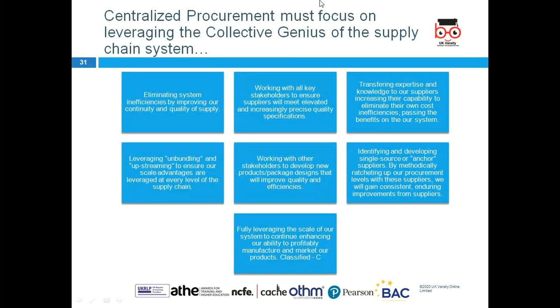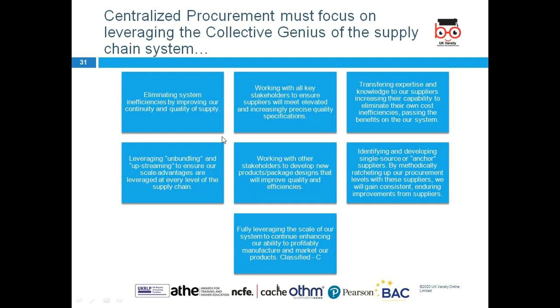Okay, next, when we centralize, we eliminate the system inefficiency. That's a benefit, working with all the key stakeholders. We need to make sure we work with all the key stakeholders and transfer expertise and knowledge to our suppliers. Maybe we even share with them, we involve them, we put them in the central point.